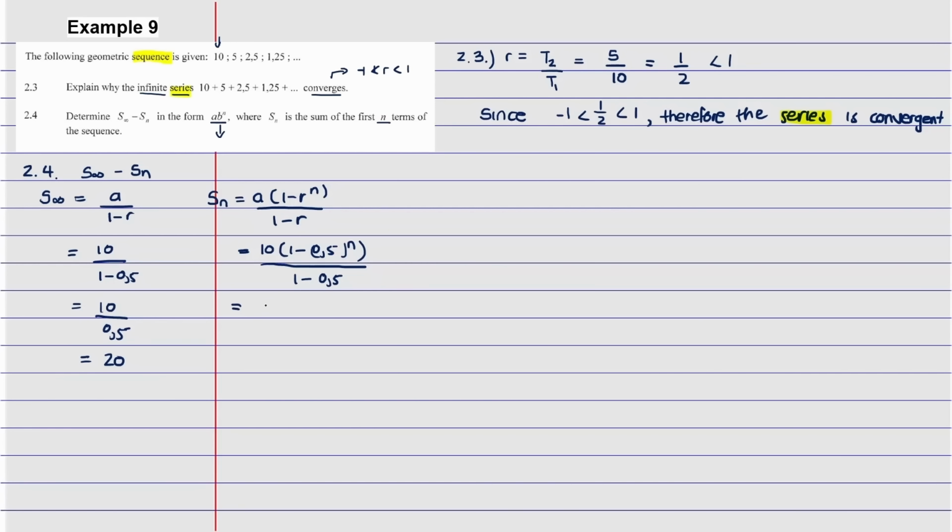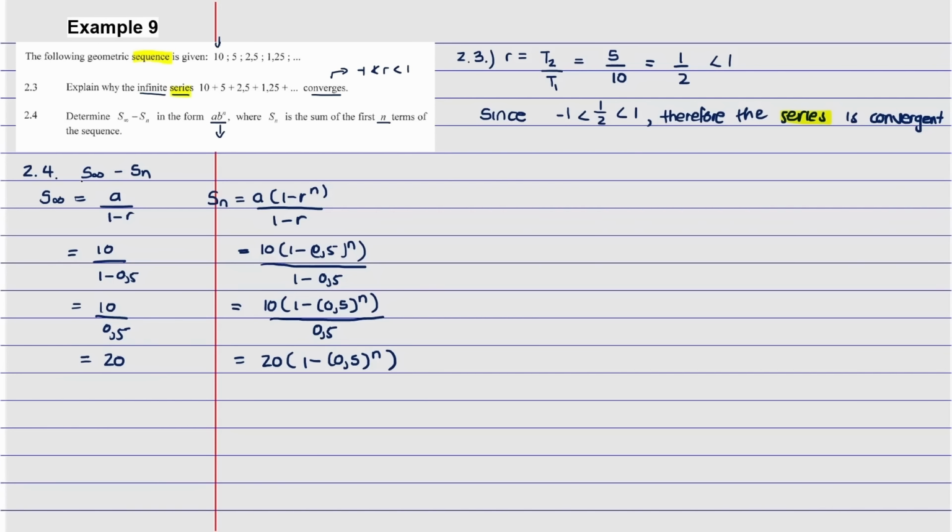So this is going to be 10 open bracket 1 minus 0.5 to the power n, divided by 0.5. Then take 10 divided by 0.5, which gives 20. Then this is going to be 1 minus 0.5 to the power n.